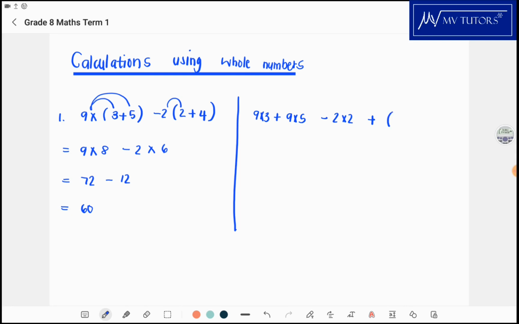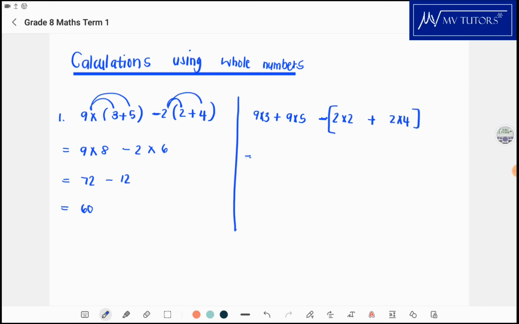So it's going to be minus 2 times 2. Let me do this actually. Let me put this in a big bracket so that I don't confuse myself. Okay, this minus over here is this minus over there. So now I have 2 times 2 plus 2 times 4.